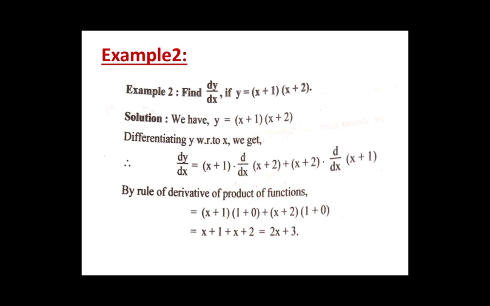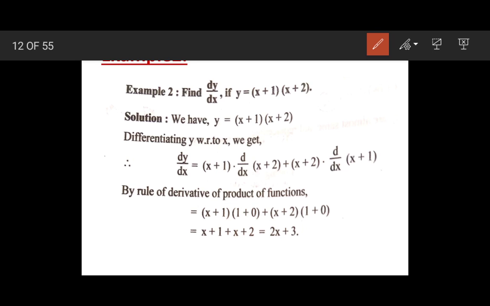Then second example: find dy upon dx if y is equal to x plus 1 into x plus 2. Now differentiating y with respect to x, we are going to use the u into v rule. So x plus 1 is u and x plus 2 is v.